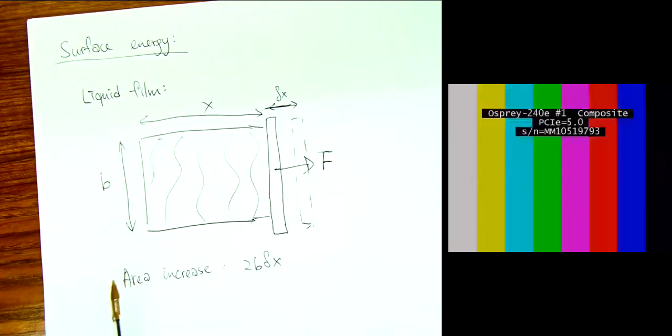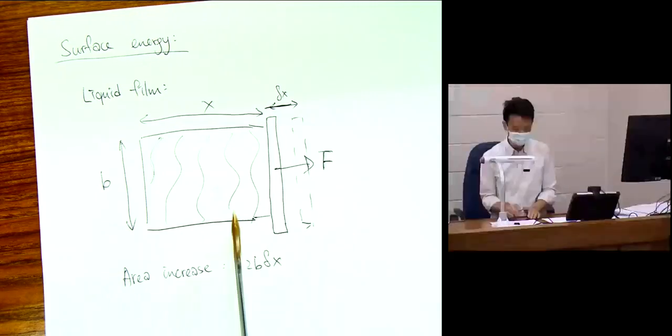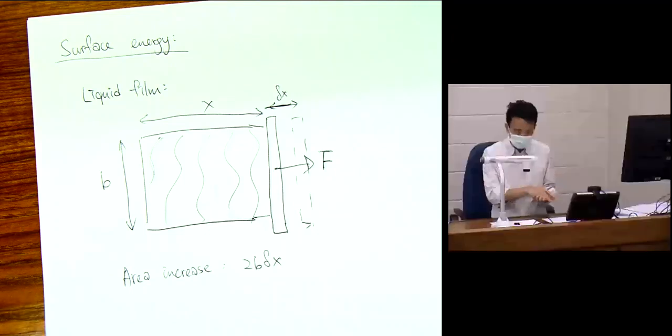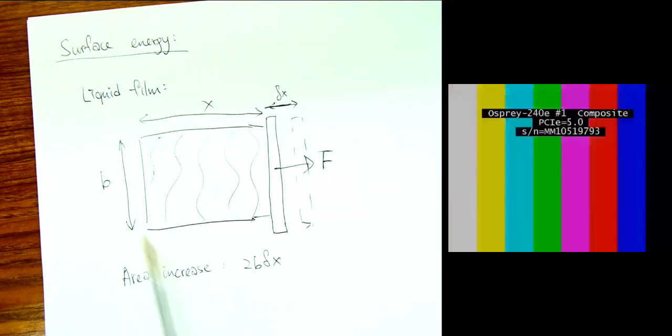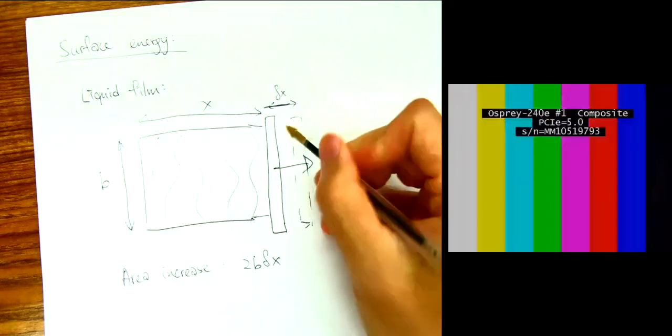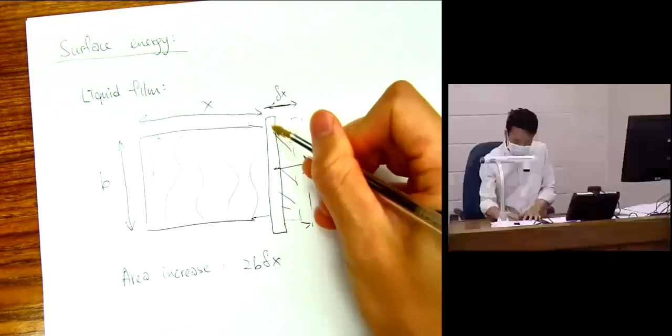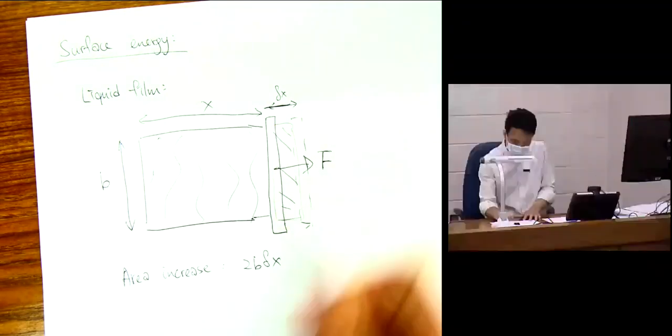Because there are again two surfaces, top and bottom. I'm drawing a 2D picture, but a film is still a three-dimensional film. Even though it's very small, it is a three-dimensional object, and then there's two surfaces. And the increase is this part, delta x times b.